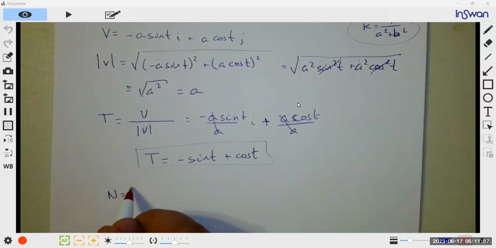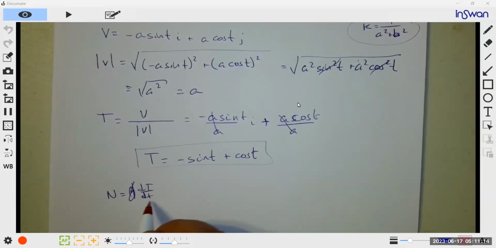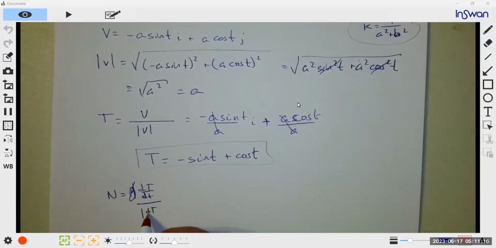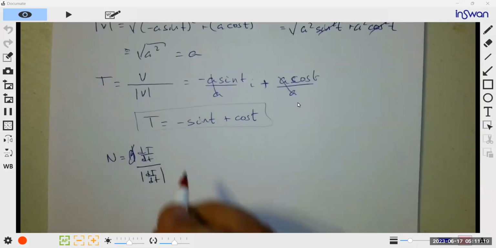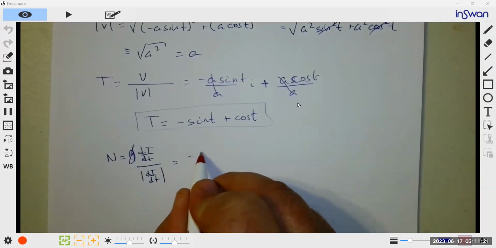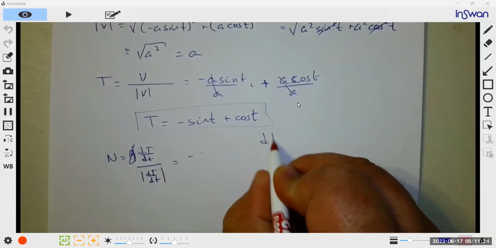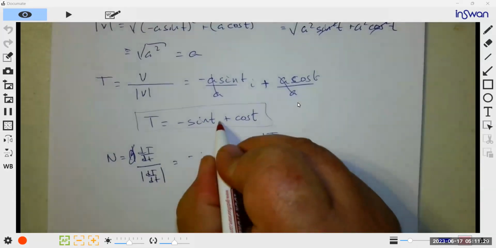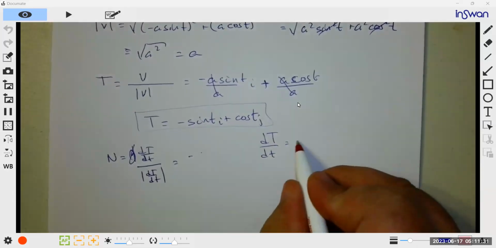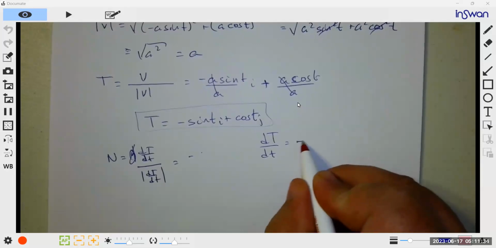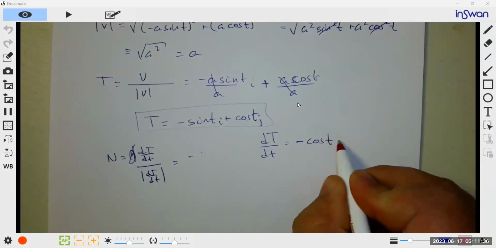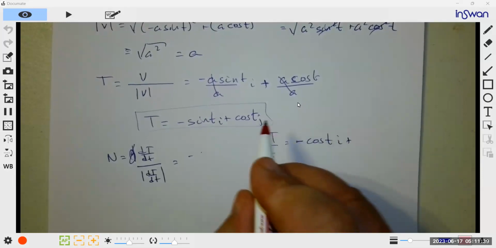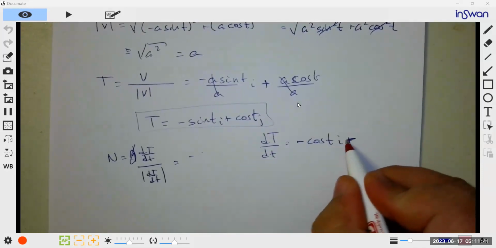And the derivative of T, no, that's the magnitude of T on the bottom. So it's the derivative of T divided by the magnitude of the derivative. So let's find the derivative of T. Derivative of negative sine is negative cosine. Derivative of cosine is negative sine.